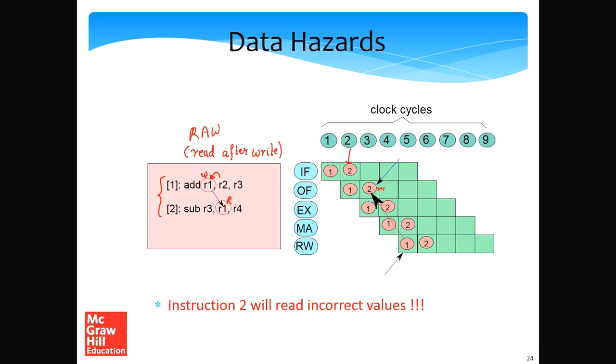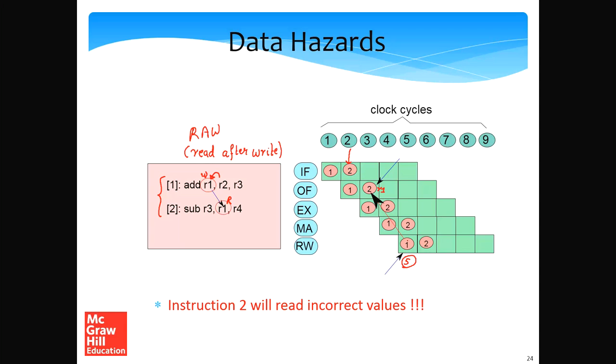But the problem is, when will instruction 1 produce the value of R1? It will write R1 to the register file in cycle number 5, right? So we need the value of R1 in cycle 3, but it will be written to the register file in cycle 5.